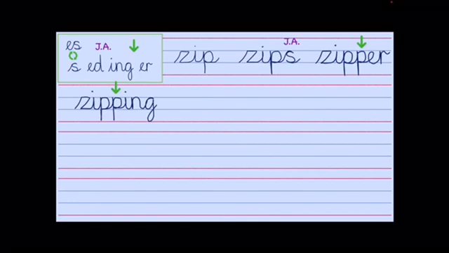And last one using zip as our starter word is, what do you reckon? Zipped. Now it sounds a bit like t. What do we add if something's already happened? I have zipped up my jacket. Starter word.